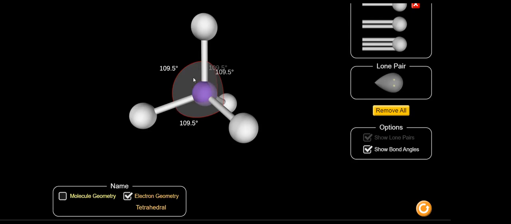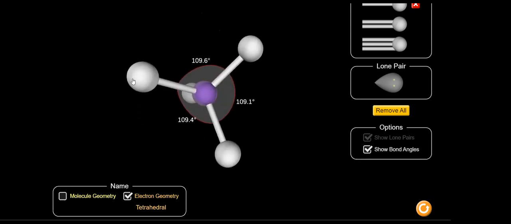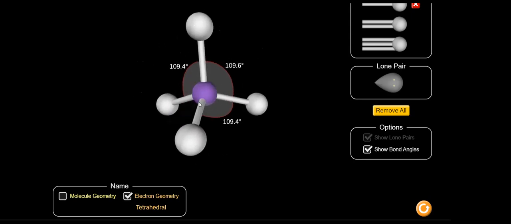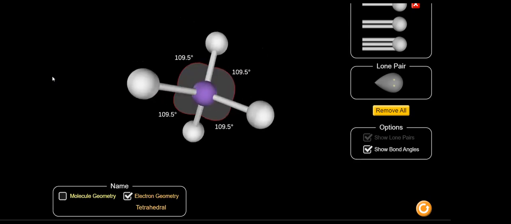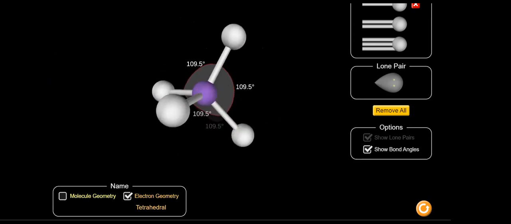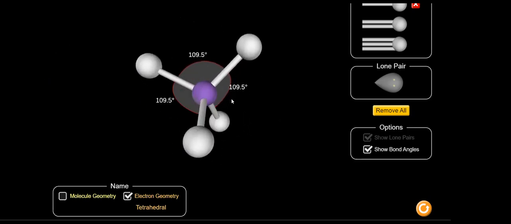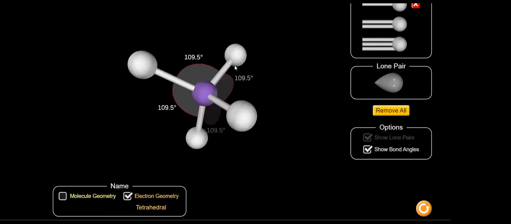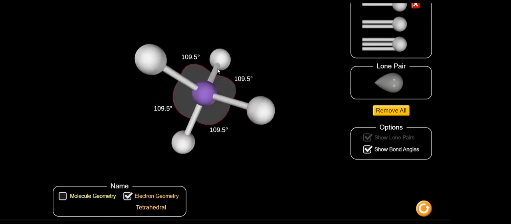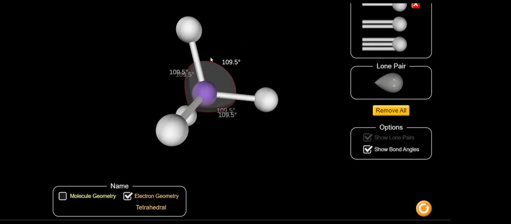All right. And so the thing about a tetrahedral is whatever one we have on top, if we wanted to, we could bring this one down, we could put this one on top, and they all look the same. So wherever one is on top would be the same. And they're all 109.5 degrees away from each other.